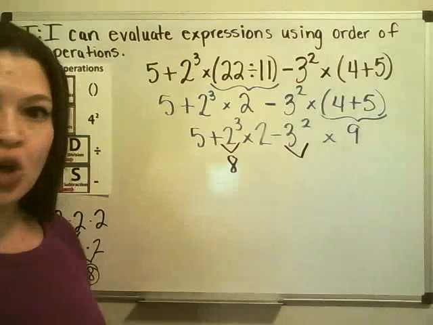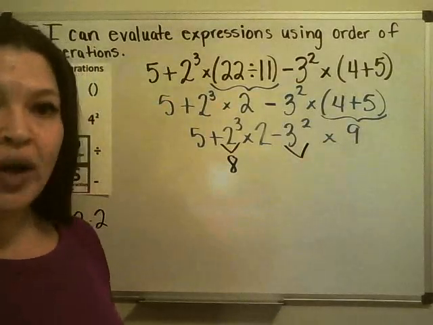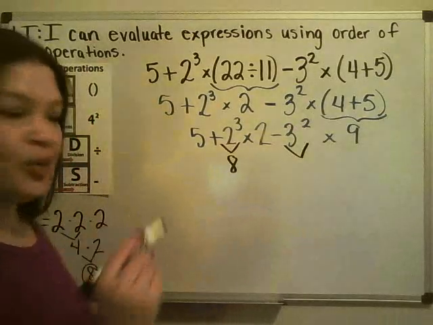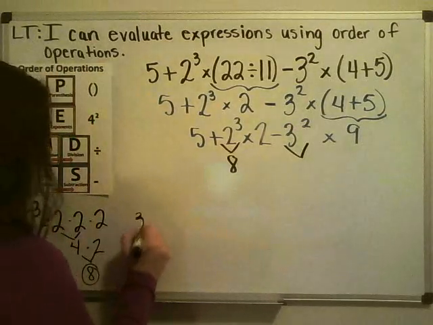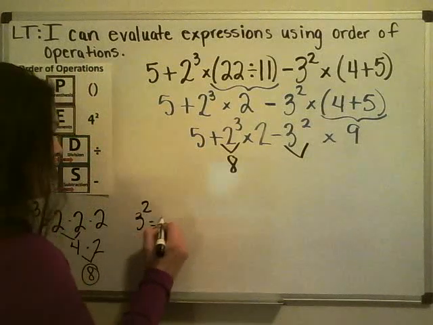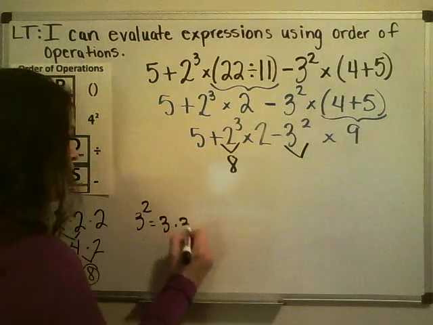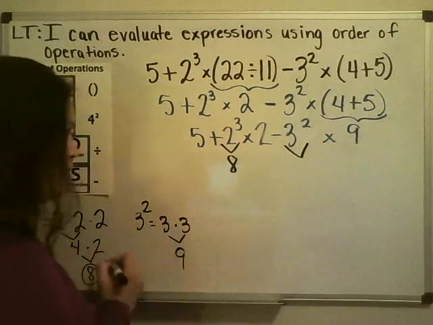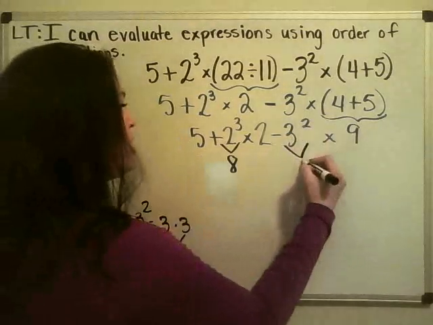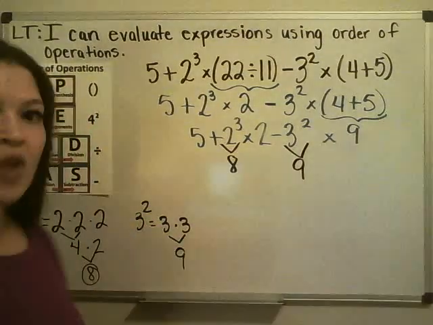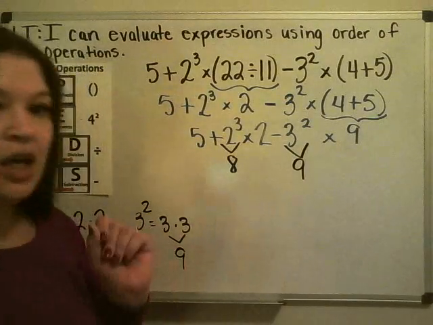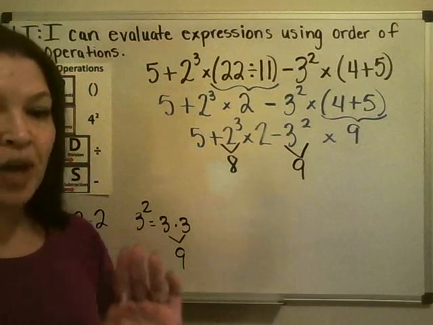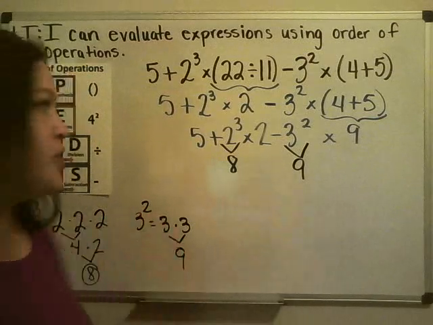All right, so what is the value of 3 squared? 3 squared means 3 times 3, which is a total of 9. So this 3 squared is 9. All right, very carefully bring down everything in the exact order that it's in without missing any operators.